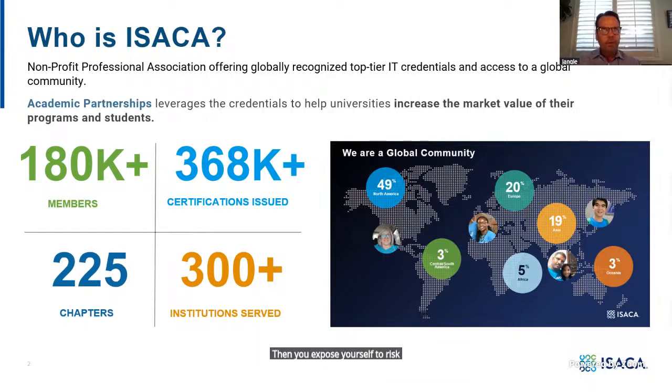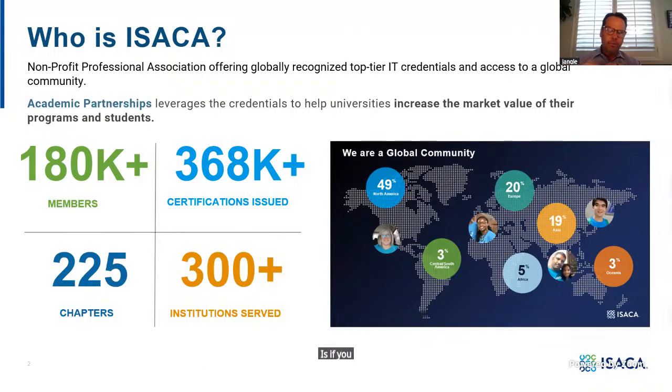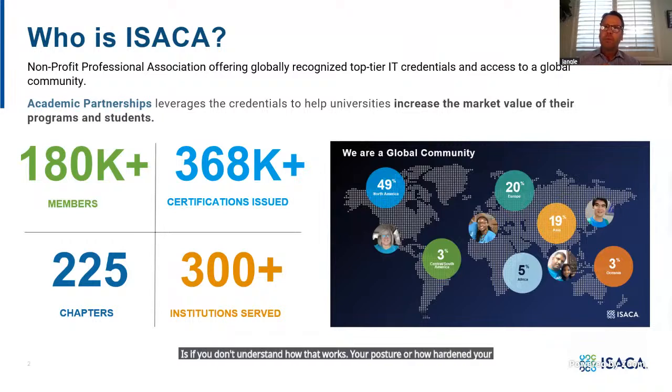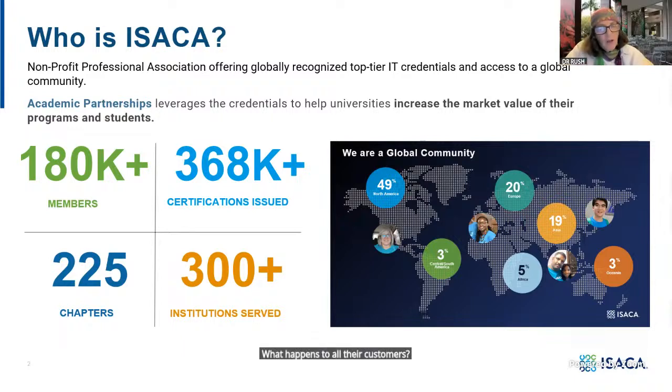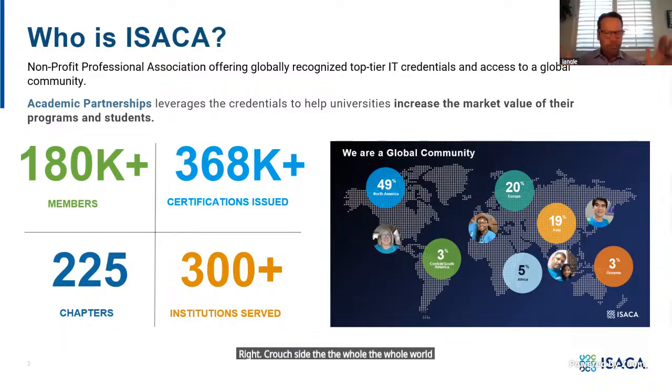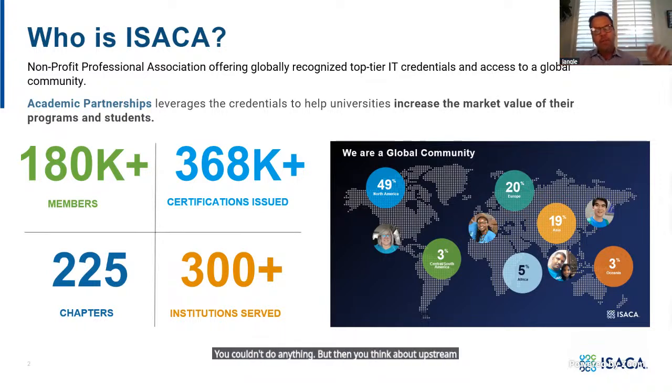And one of the things that we found, be it IT risk or IT audit or pure cybersecurity, pen testing, whatever it may be, is if you don't understand how that works, your posture or how hardened your system is, you open up risks not only within the organization itself, but also, as we've seen with CrowdStrike, right? What happens to all their customers? The whole world went down and you couldn't take a flight. You couldn't do anything.